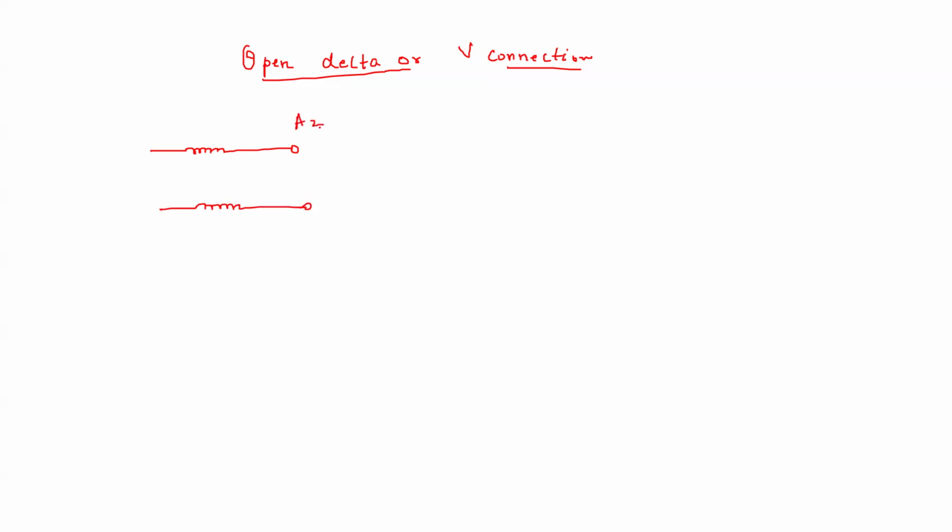So this is A2. We have seen the vector groups also, right? Now here I am drawing the normal delta delta connection, and then we will see how to make this open delta connection using this.